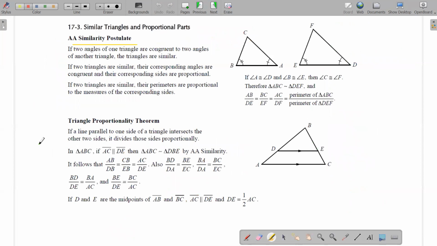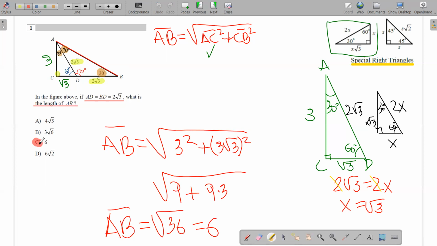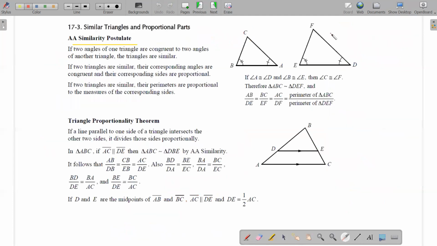And now I want to talk about similarity postulate. When we talk about special right triangle, like in this case, basically we are talking about similarity postulate. The similarity postulate is telling us that if two angles of two triangles are congruent, meaning they have the same measurement, then the two triangles that we are referring to must be similar.